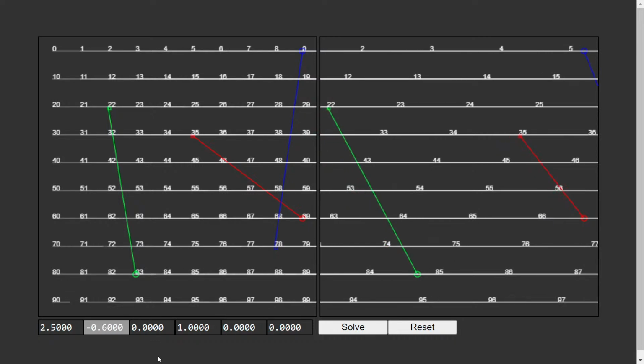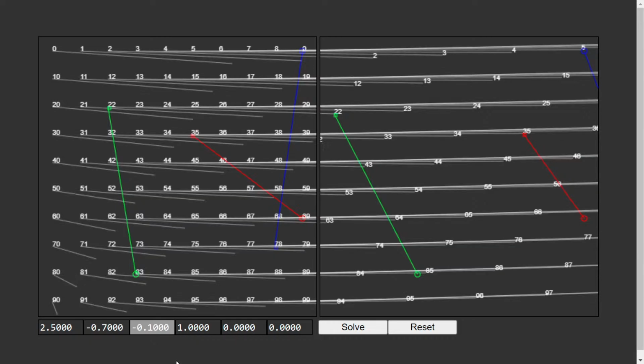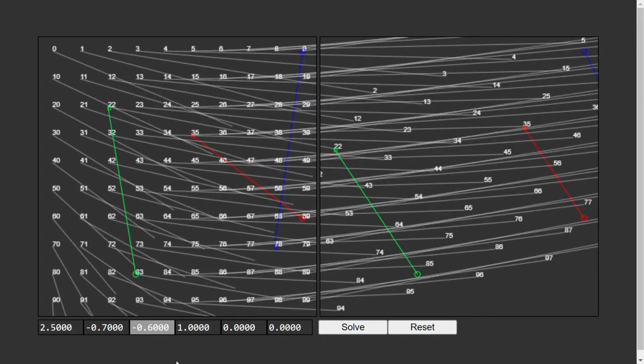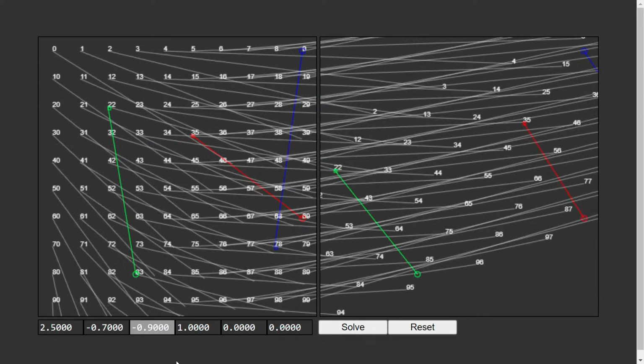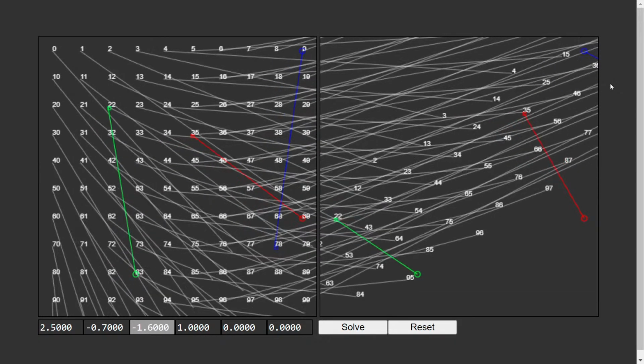Whoa, it's already solving it. How would you come up with this? Now this one I think was negative 2-ish. That's another shear-type thing. Some of the problem is that this is off the screen, so it's hard to tell what's happening there.